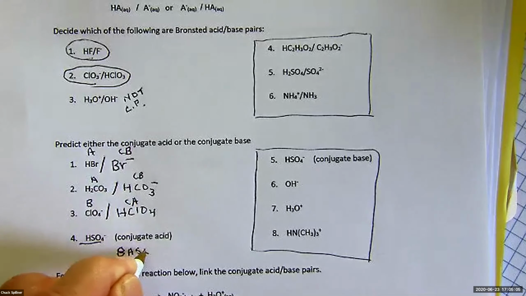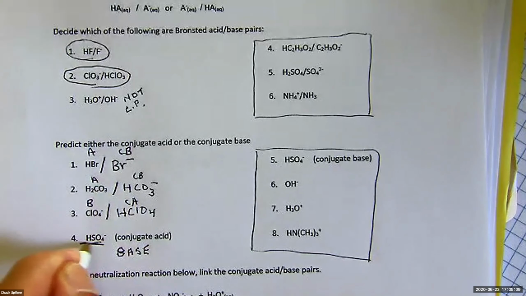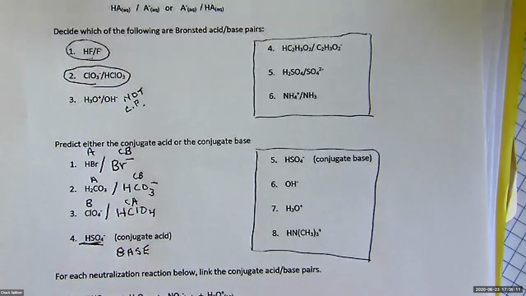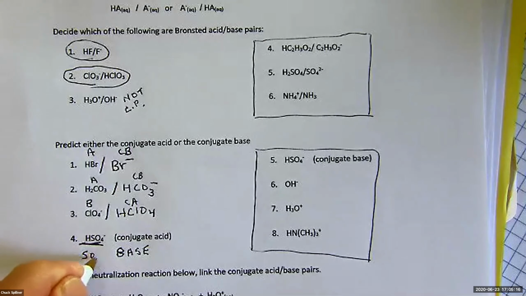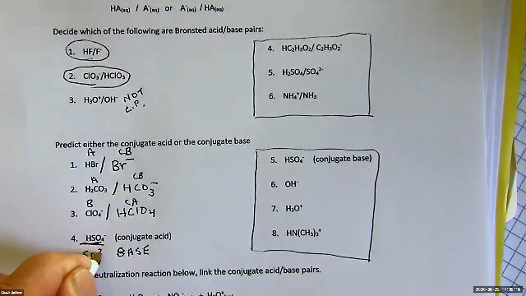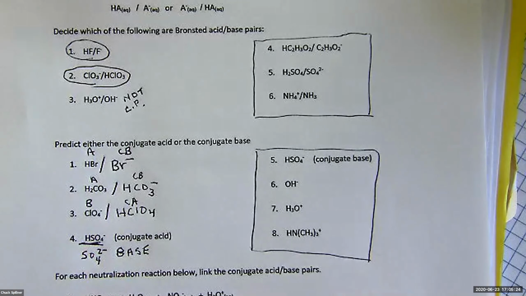So what's the formula for the base? Well, the base was the substance that accepted the proton. So in this case, the base is going to be SO4 2 minus. When it picks up a proton, it becomes HSO4 1 minus, -1. All right?